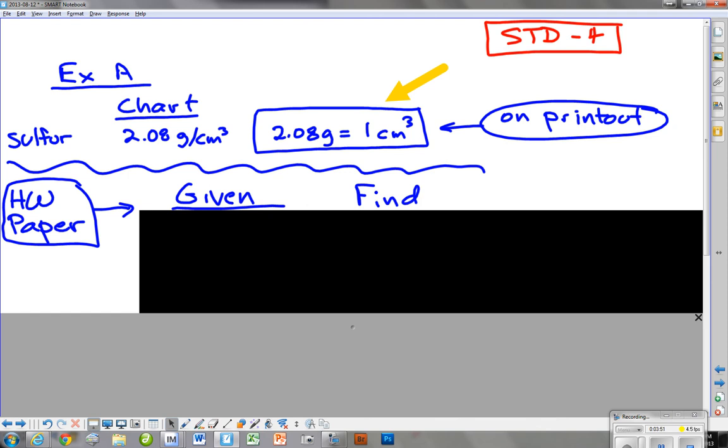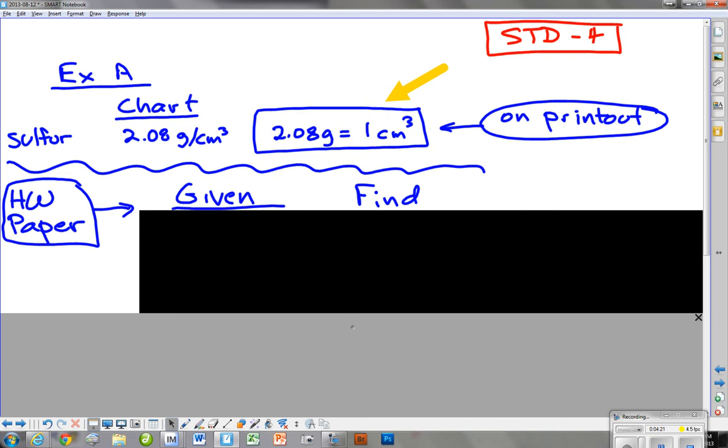What I want you to do in all of these density type problems, I want you to always do the given and find. If you haven't been doing that, do it, or you won't get credit. Okay, so on letter A, Diane, how about it? You get to go first. What's given in example A? No, that is the ratio.